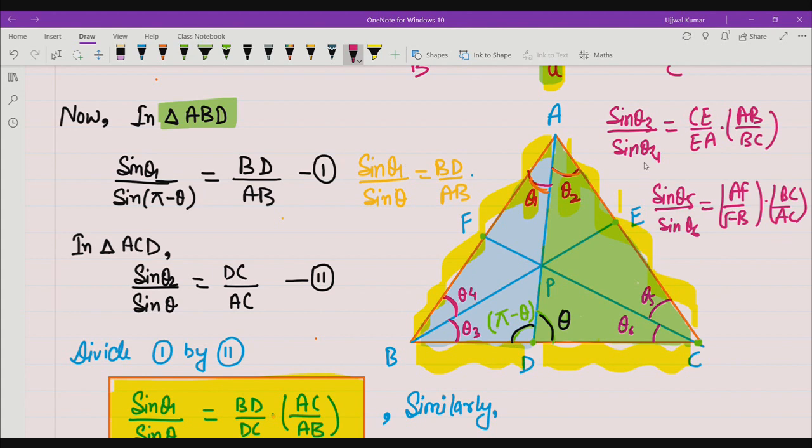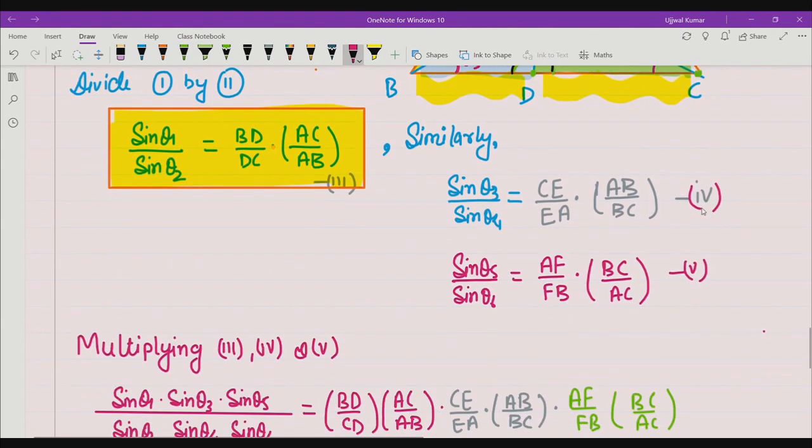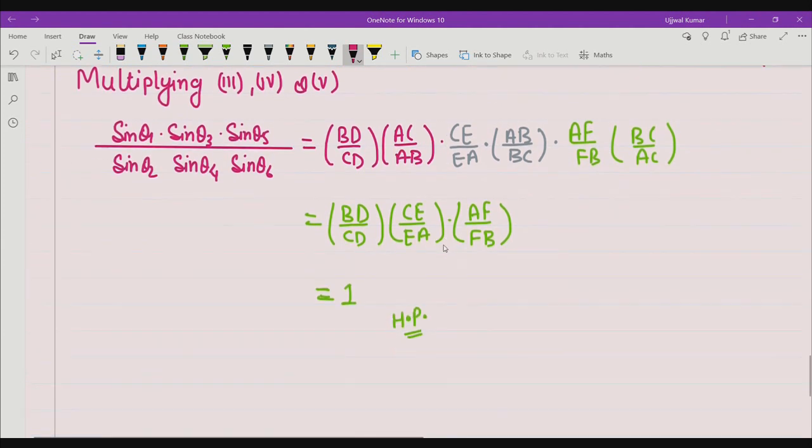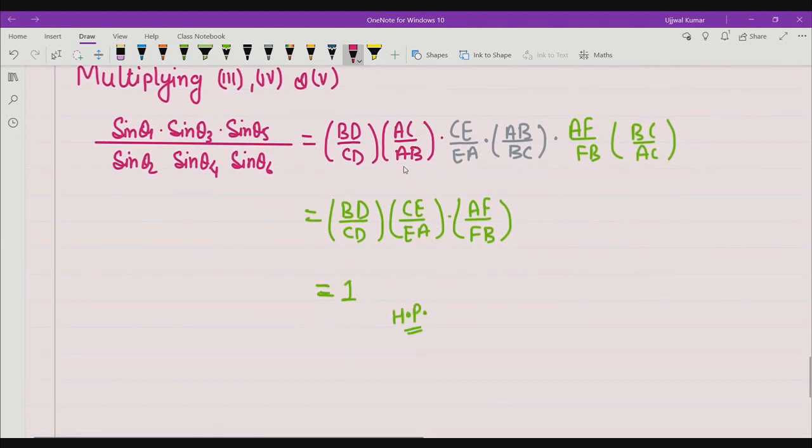So this is what we have written here in equations 3, 4 and 5. Now multiply 3, 4 and 5. On the left hand side we get what we need to prove, and on the right side we get the result. Observe closely now: AC upon AB, AB upon BC, and BC upon AC, the product equals 1.